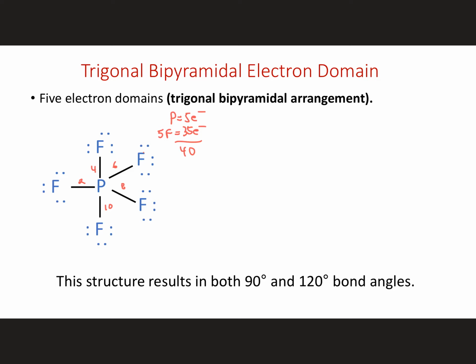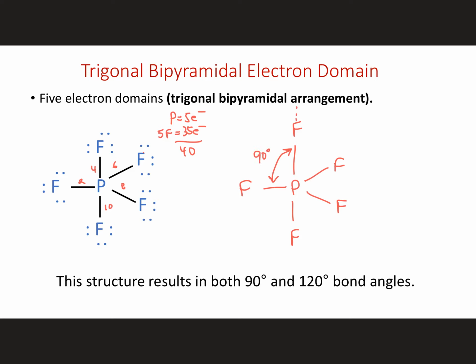The interesting thing about this trigonal bipyramidal arrangement is that for the first time we have different bond angles within the same molecule. If I take a look at this structure, the central phosphorus to the fluorine, phosphorus to fluorine, and then I have my fluorines around the equator, the equatorial positions. So the two different bond angles are this. Between the axial and the equatorial position, I have bond angles of 90 degrees.